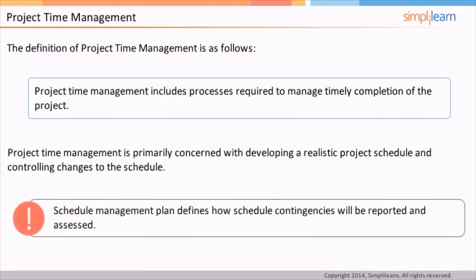Another term used in the PMP examination is Schedule Management Plan. Schedule Management Plan is part of the Project Management Plan and has information on the planned project schedule and its management and control. Let us discuss the key activities of project time management in the next screen.